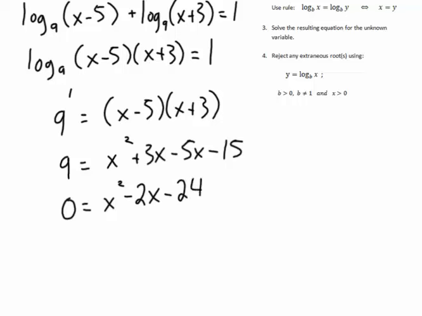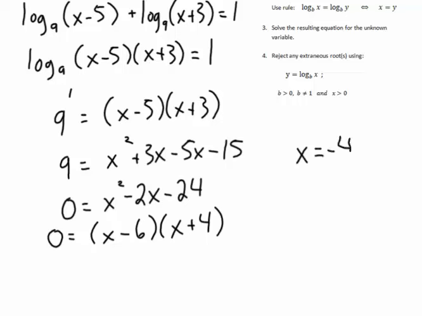Now we have to use all our rules for solving a quadratic. This one's nice because it just factors into x minus 6 and x plus 4, and that's all equal to 0. That tells us from the quadratic we have two solutions: x equals negative 4 and x equals 6.